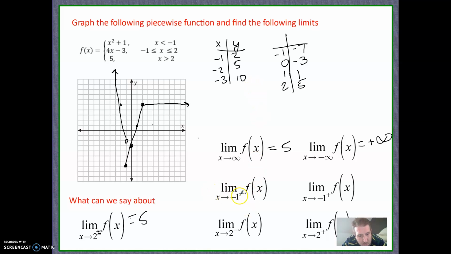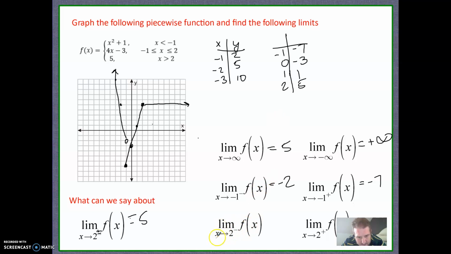As x is approaching -1 from the left-hand side, it's getting closer and closer to a height of -2. As f of x is approaching -1 from the right-hand side, it's getting closer and closer to this value, which I believe was -5. No, it's -7.